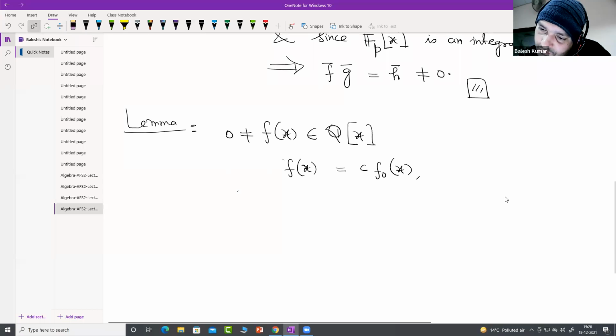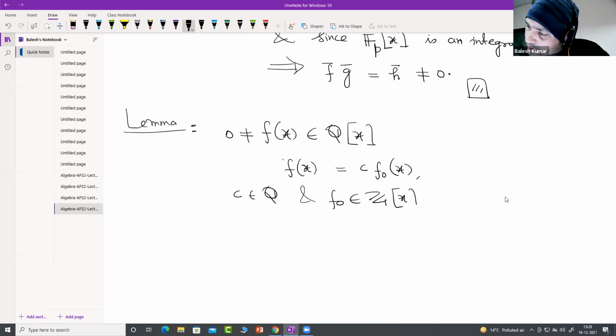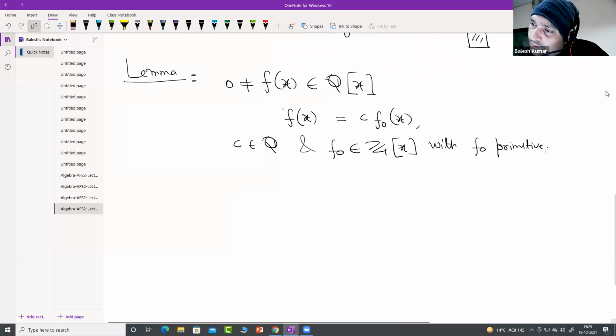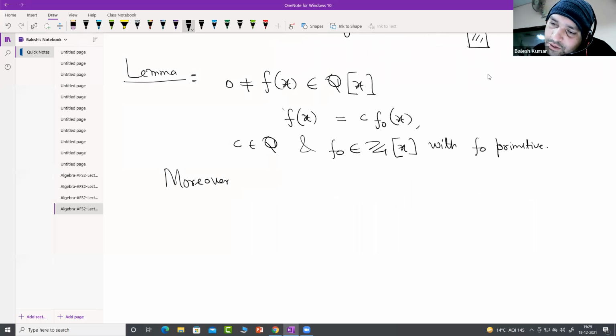Here c is a rational number, and f0 belongs to the polynomial ring with integer coefficients, with f0 primitive. That means all the coefficients do not have any common factors, and the leading coefficient is positive. And moreover, this expression is unique.